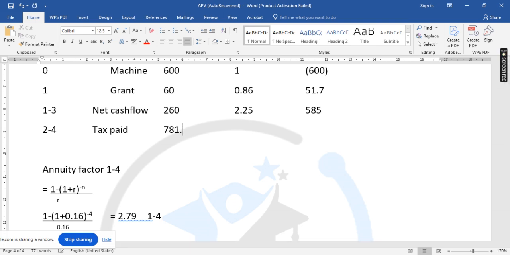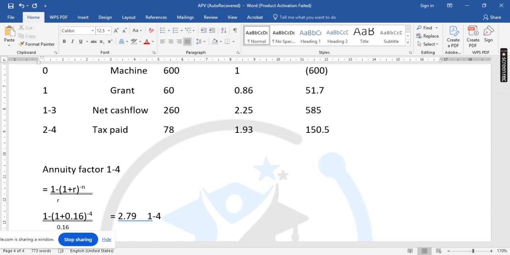So this is 1.93. What do you have here? 150.54. 0.54.